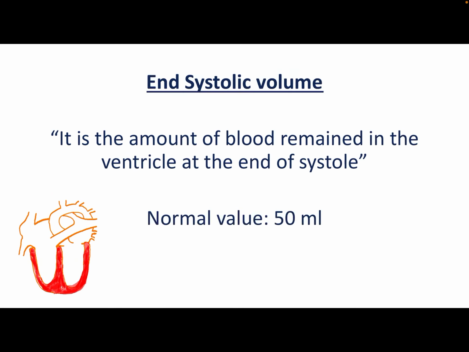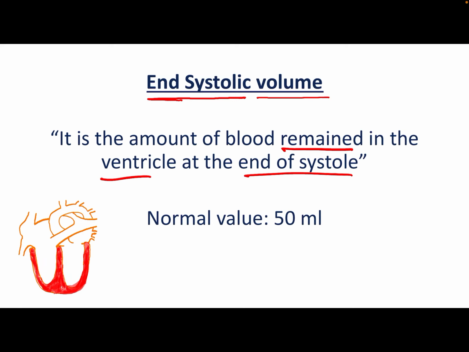Now end systolic volume. As the name suggests, it is the volume of blood which remains in the ventricles at the end of the systole. So when there is a contraction phase and it is ending, that is the rapid ejection phase and slow ejection phase.